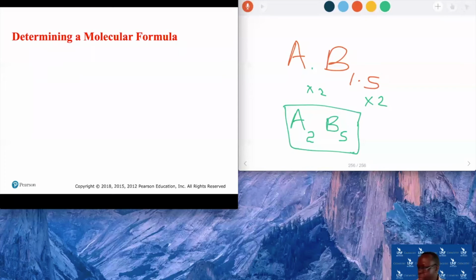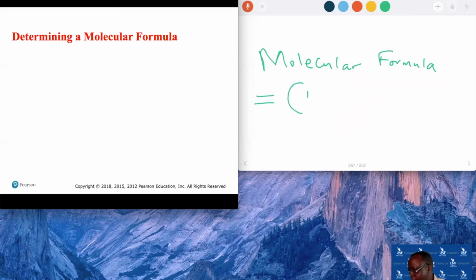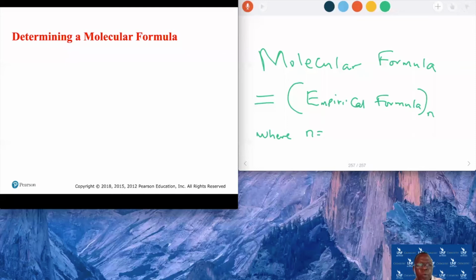Now, in relation to empirical formula, the molecular formula is given by the empirical formula times n, where n is an integer which cannot be 0.